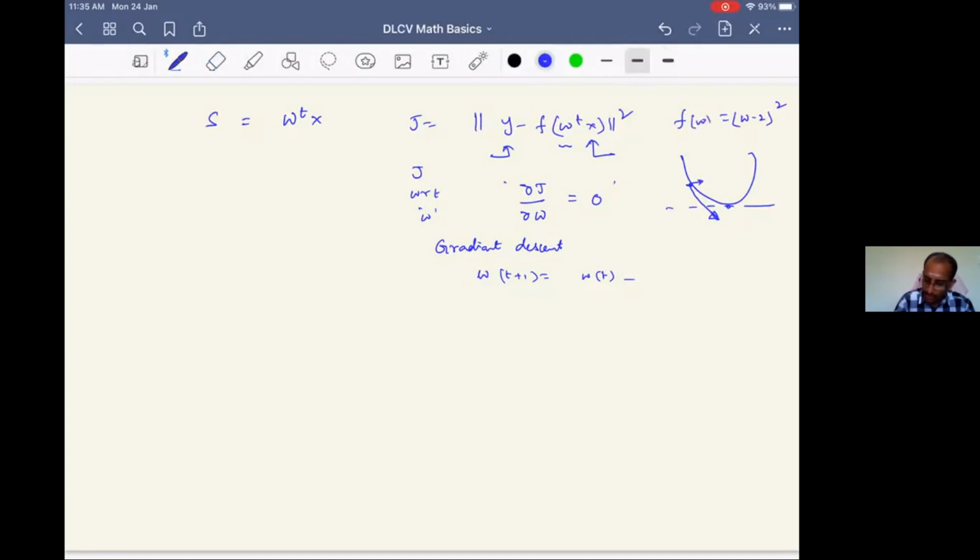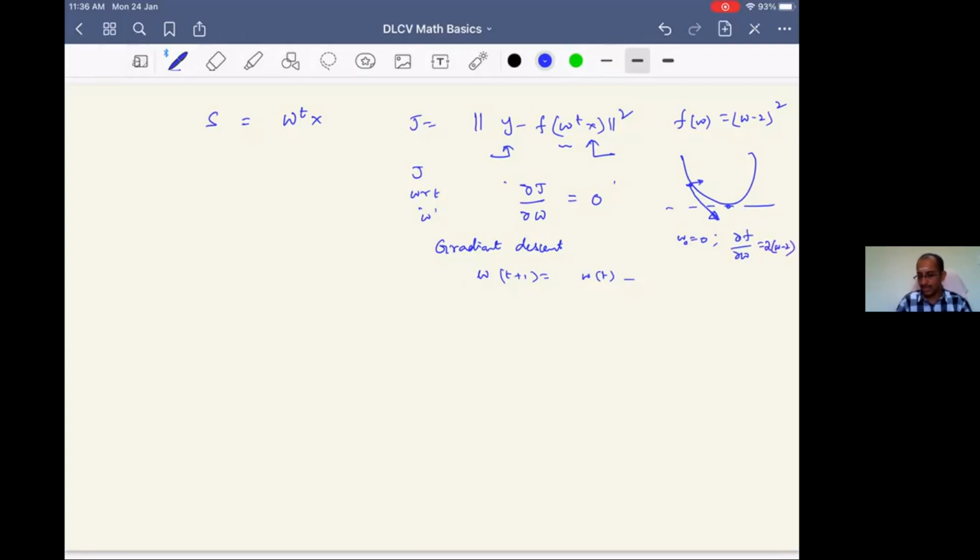We may start with, say, w naught equal to 0. Now I will find dou f by dou w, that is the slope of the curve at the given w. Dou f by dou w is 2 into (w minus 2).